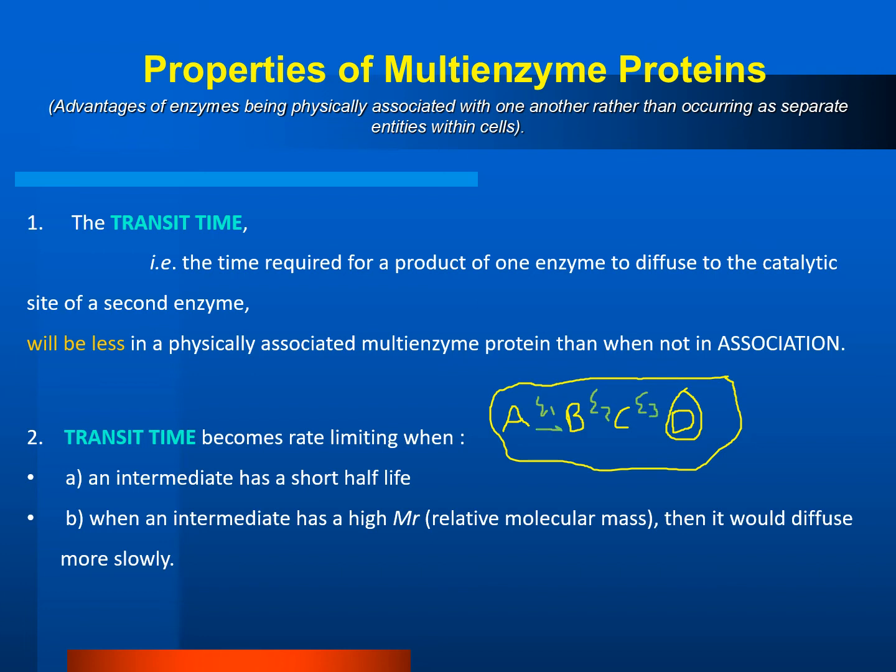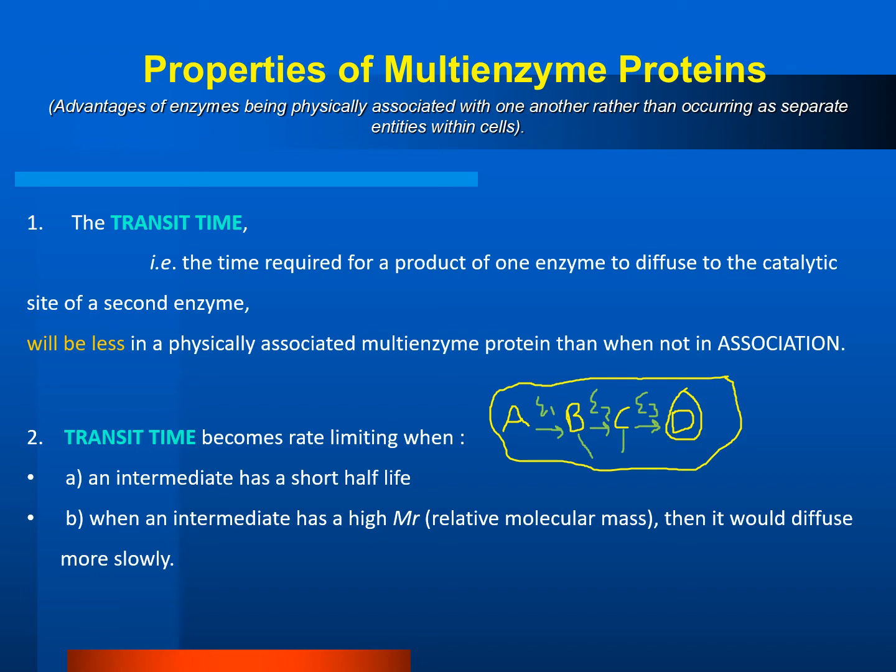A is forming B by the action of E1, B is forming C by the action of E2, and finally C is forming D by the action of E3. Now suppose here B and C are your intermediary substrates.